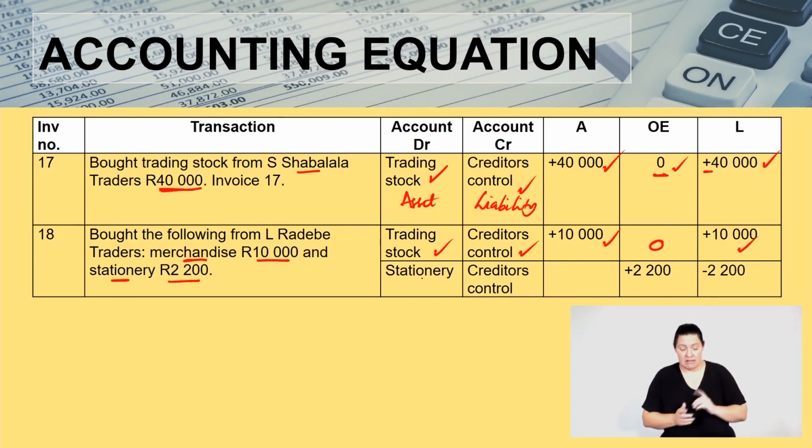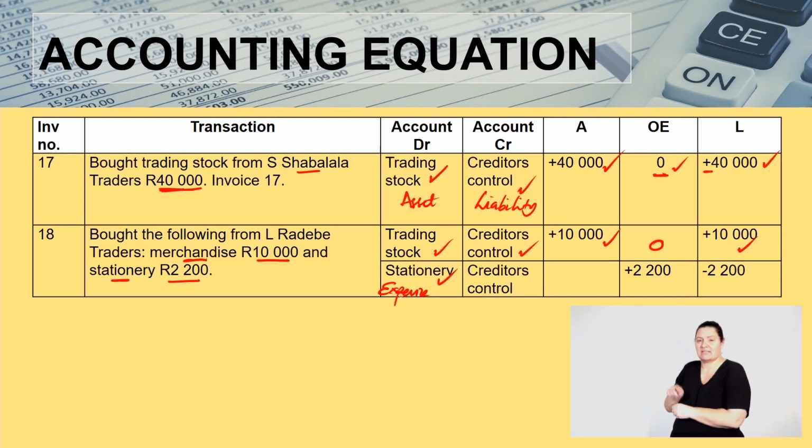And then the next aspect has to do with stationery now. We will debit stationery. Why? Because stationery is an expense. Once we debit an expense, it will have an effect now on my owner's equity. All right? So remember, stationery is an expense. And once we debit an expense, the effect, is it a plus?